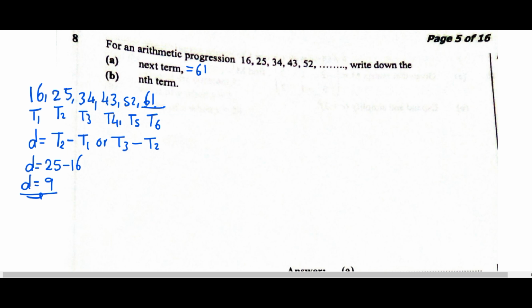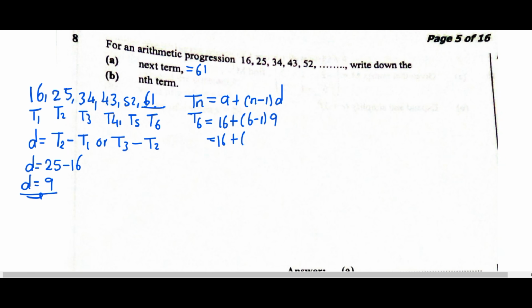So that is our answer for here, we have 61. We can also find the same answer by using the formula. So Tn is equal to a plus n minus 1 times the common difference. The next term, we are finding the number on position number 6, so n is equal to 6. Then our a is our first number in our sequence, which is 16, plus 6 minus 1, and our d is 9.